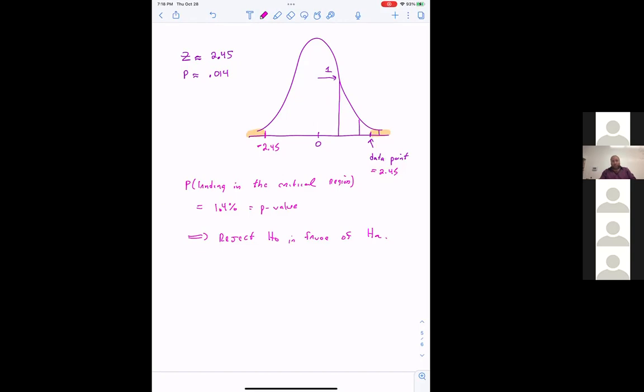So the 1.4% is how likely it is to get the result that you actually got, or even more. I add up not just the number you got, but all the numbers past it, and all that likelihood adds up to 1.4%, which is a pretty small number in the grand scheme of things.